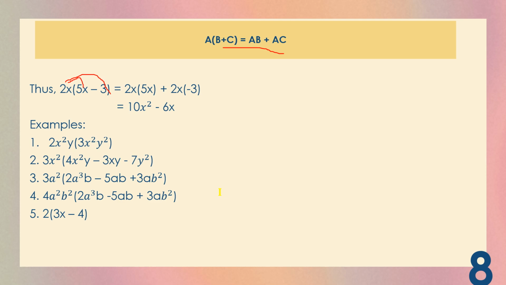Another example we have here: 2x squared y times 3x squared y squared. So we get 2 times 3, of course, 6. 2 plus 2 is 4, x raised to the fourth. And then y times y squared, so we have y cubed. Then we have 3 times 4, 12, x to the fourth y.